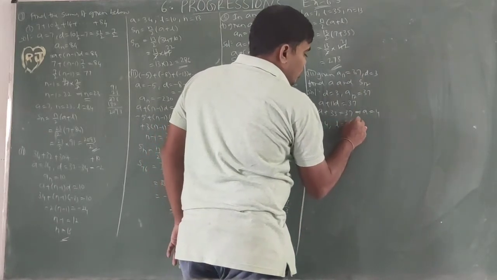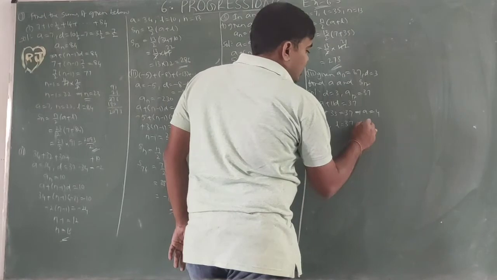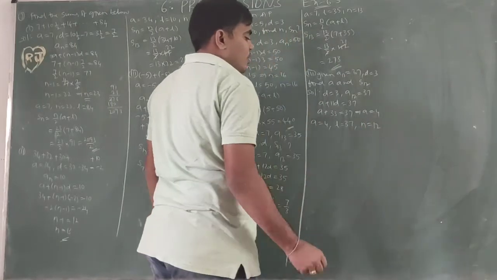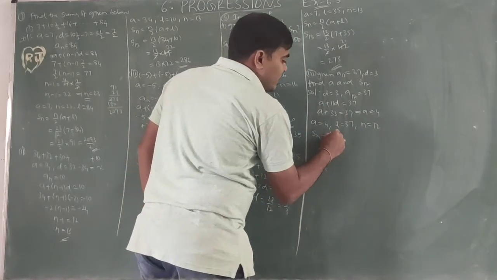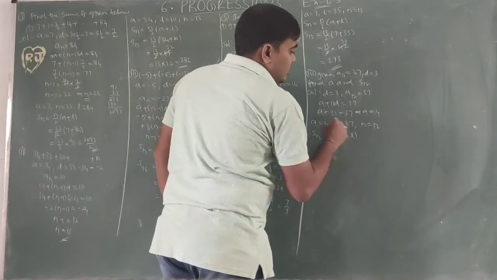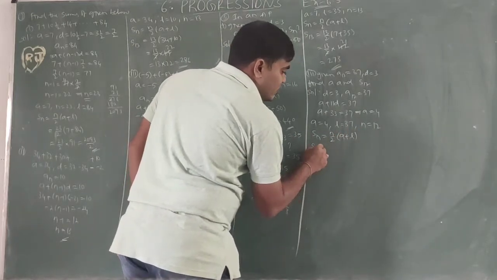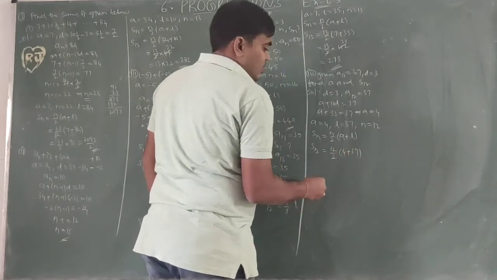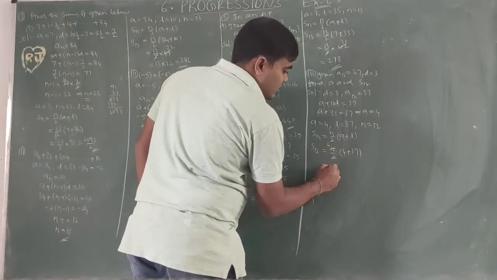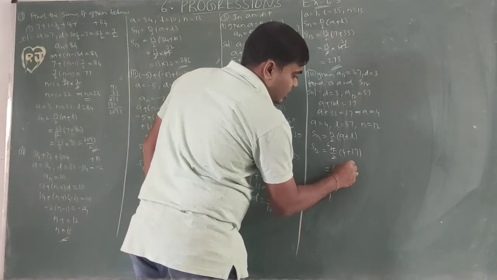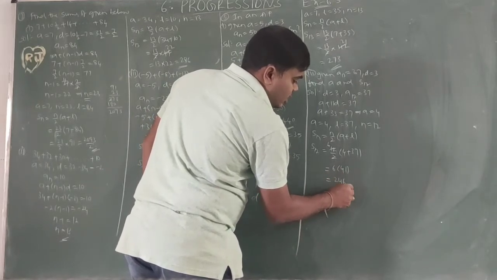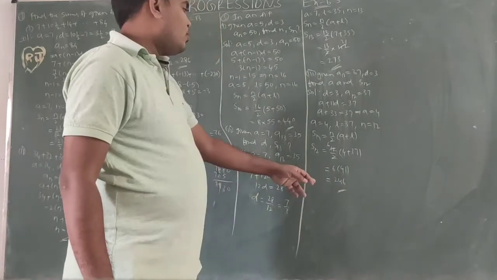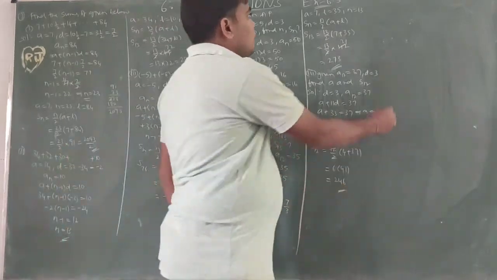L equal to 37, n equal to 12. So Sn formula n by 2 of A plus L. So S12 equal to 12 by 2 of 4 plus 37. 6 of 41 equal to 246. So S12 equal to 246 and A equal to 4.